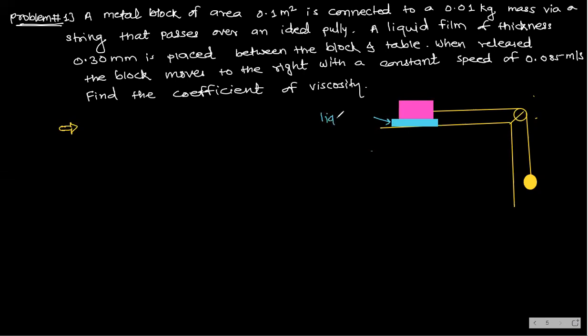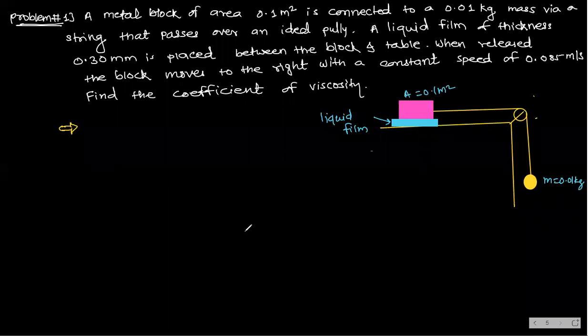Liquid film. And this is mass m is equal to 0.01 kg, and its area A is equal to 0.1 meters. Yes, no?